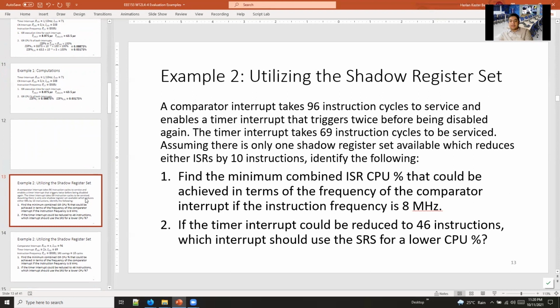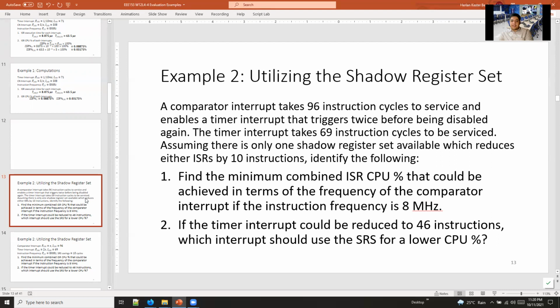Again, so every time na magkaroon ng comparator interrupt, meron tayong dalawang timer interrupt. So the timer interrupt takes 69 instruction cycles to be serviced naman. So assuming there is only one shadow register set na pwedeng gamitin, and it can reduce the either ISRs by 10 instructions in total, let's identify the following.